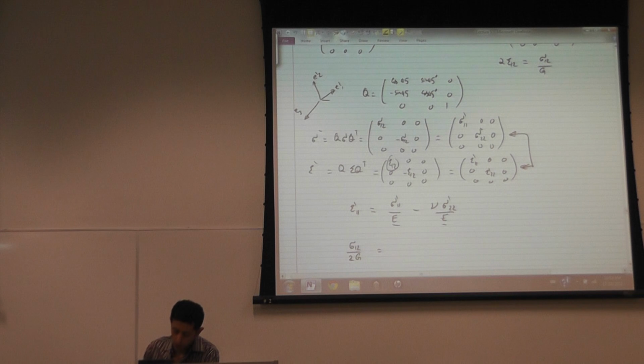I can replace sigma prime 1 with sigma on 2 over E. And I can replace sigma prime 2 with minus or plus Poisson's ratio sigma on 2 over E. And from here, for the shear modulus of this material to be independent of the coordinate system, you end up with G equal to E divided by 2, 1 plus Poisson's ratio.